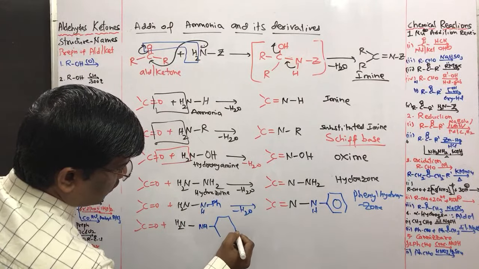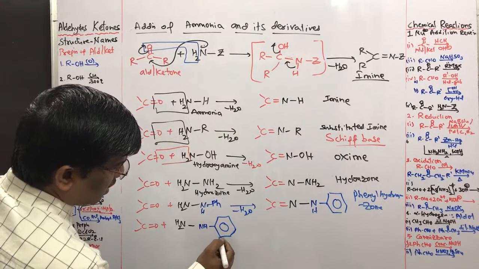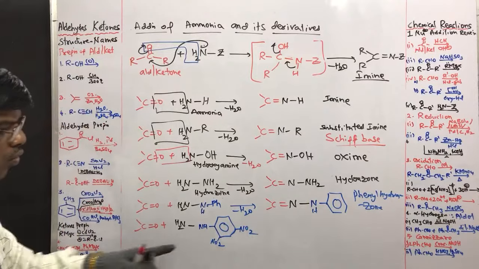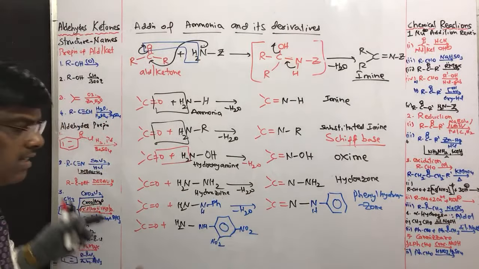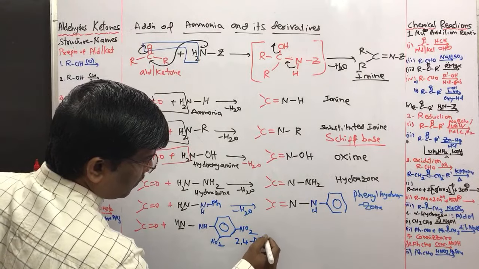and if this phenyl ring is substituted with 2-position and para-position dinitro, 2,4-dinitrophenylhydrazine, 2,4-DNP.